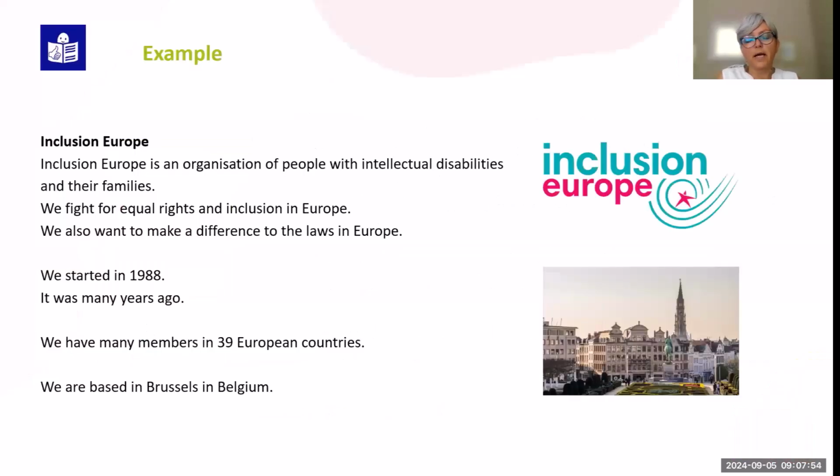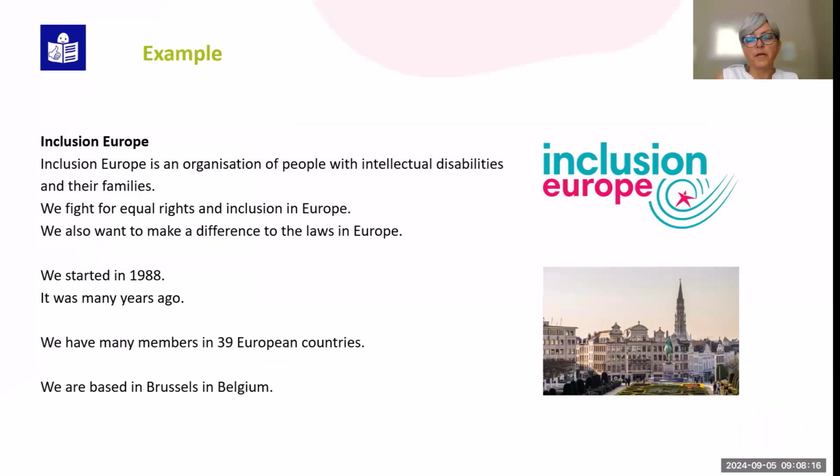The need for easy to read was first recognized by Inclusion Europe. It is an international organization based in Brussels, which supports people with intellectual disability, but also their environment, professionals and families.